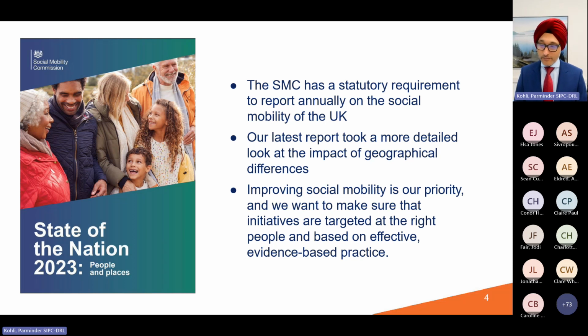Last year, one of the big things we did was to take a much more granular look at all of the social mobility indicators, especially across geographies, but also across some protected characteristics like sex and ethnicity, and also disability. So let me just share with you some of the findings which are, I think, pertinent to the conversation today and the topics you'll be discussing subsequently.